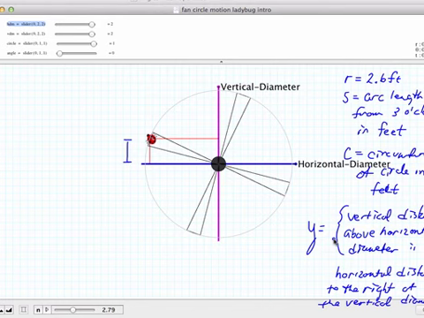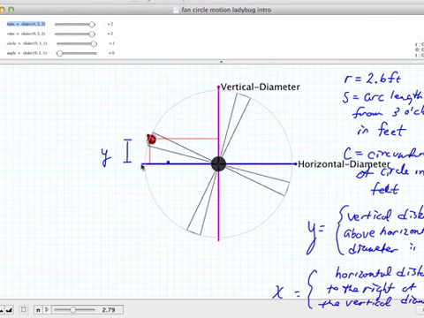Okay, that's the y value, okay? And what is the horizontal distance to the right of the vertical diameter? Right now, what's x like? Negative, right? And that's because it's to the left. When x is to the right, we know it's positive. To the right of the y-axis. When it's to the left of the y-axis, it's negative.